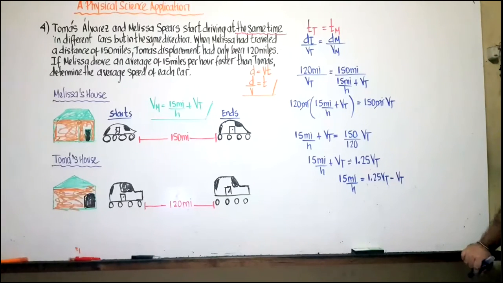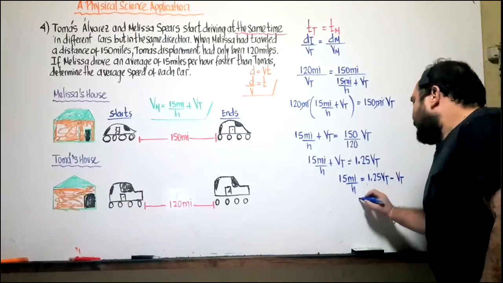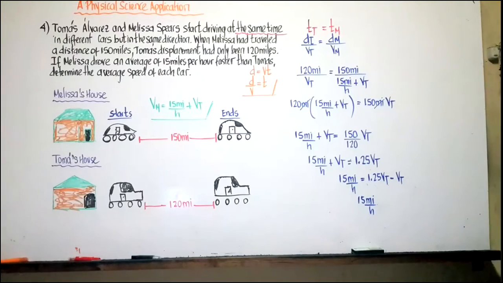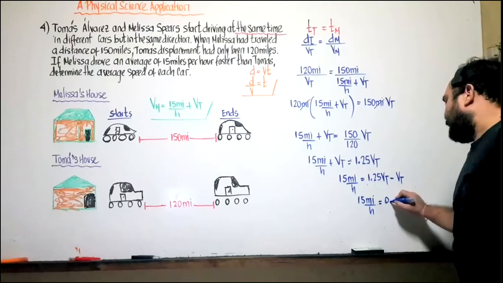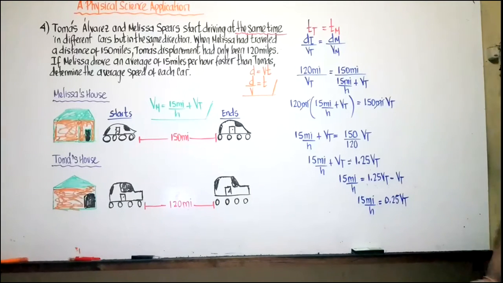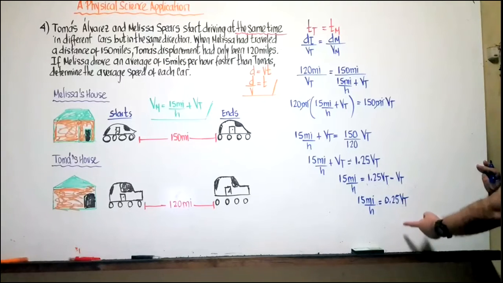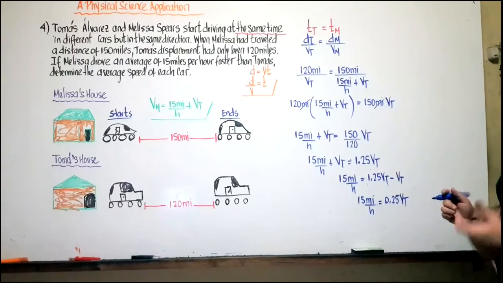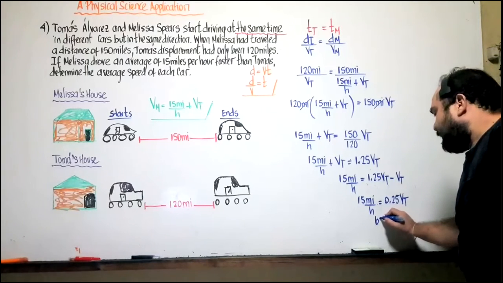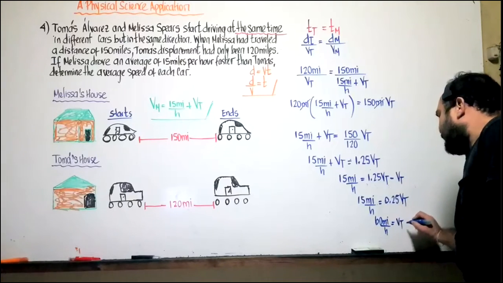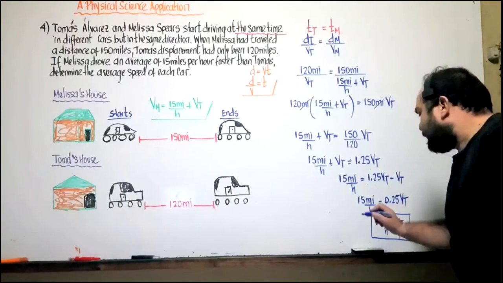So if you subtract 1.25 minus 1, that will be equal to 0.25. And we got 15 miles per hour equals 0.25 times the velocity of Thomas. Because this quantity is multiplying, passes to divide. If you divide 15 by 0.25, the answer will be 60 miles per hour. This is going to be the average speed of Thomas.